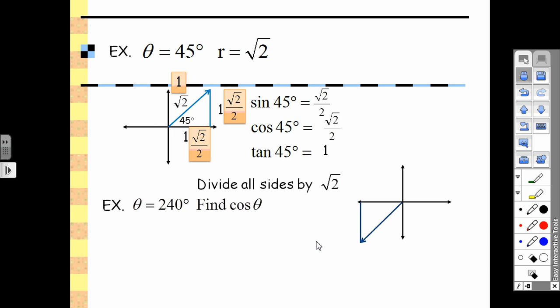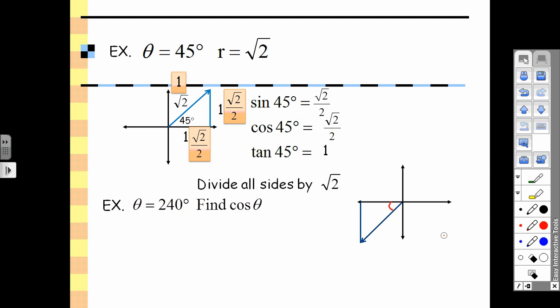So if I drew my reference triangle, in order to figure this out, because they didn't give us the sides, right? They haven't told us anything to give us the lengths of these three sides. What we're hoping is that the reference angle is going to be one of our special angles, 30, 60, or 45. So we need to figure out what this angle is right here, this angle, which is your reference angle.